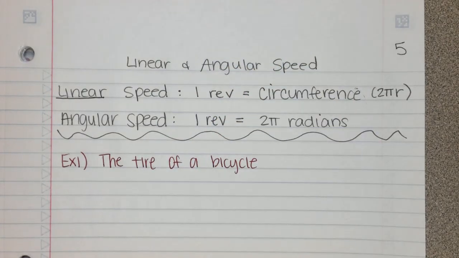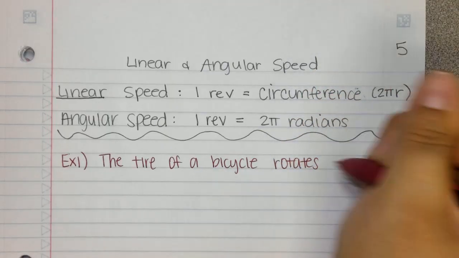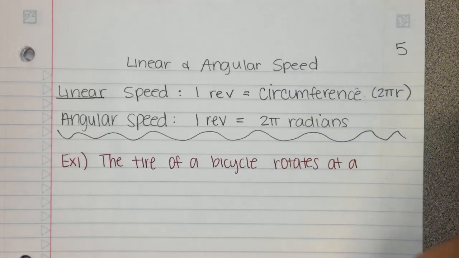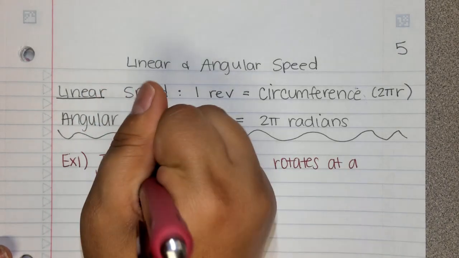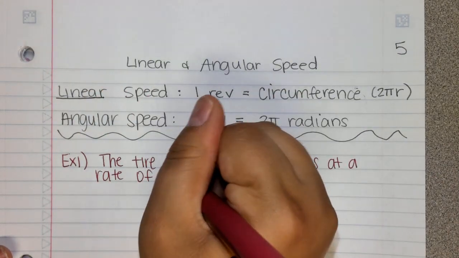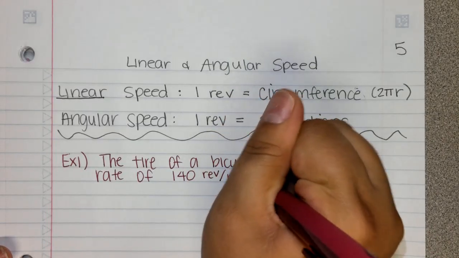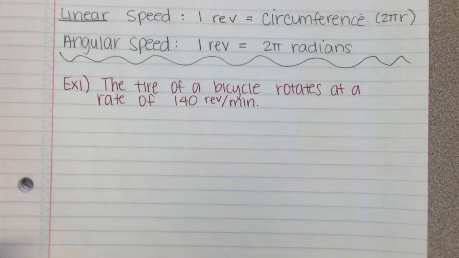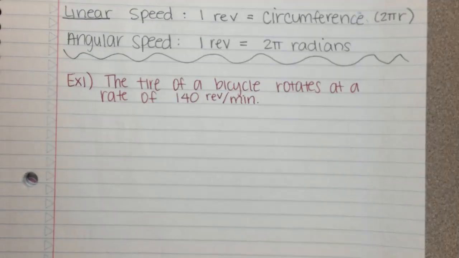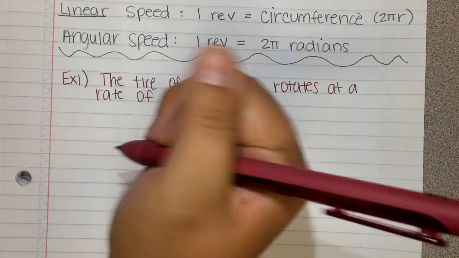The tire of a bicycle rotates at a rate of 140 revs per minute.